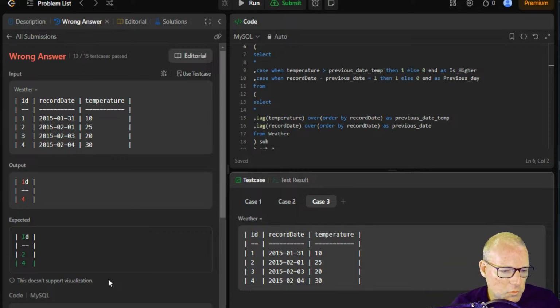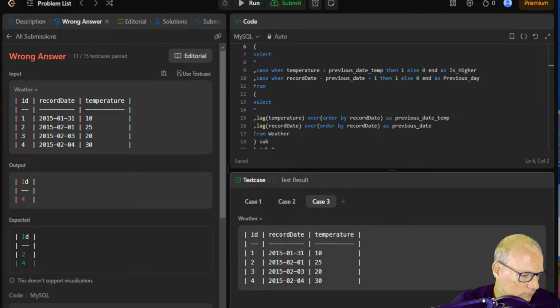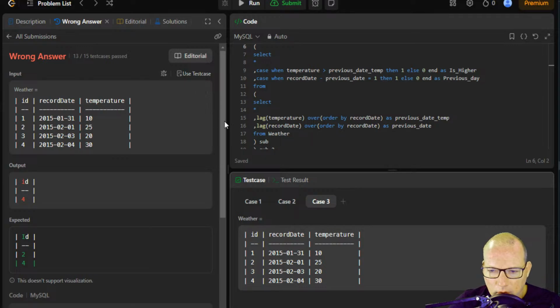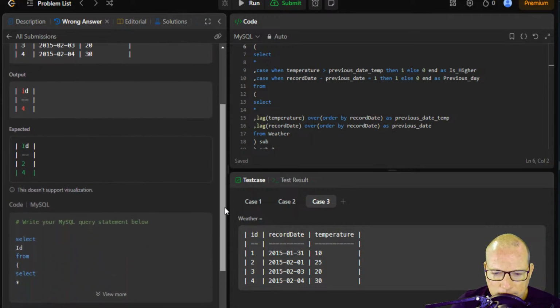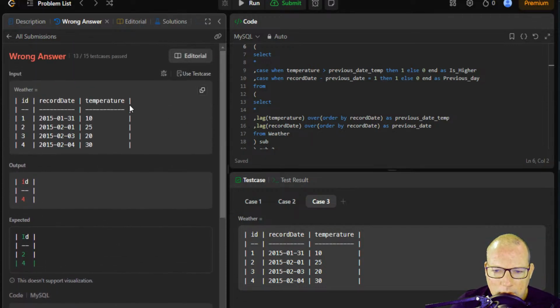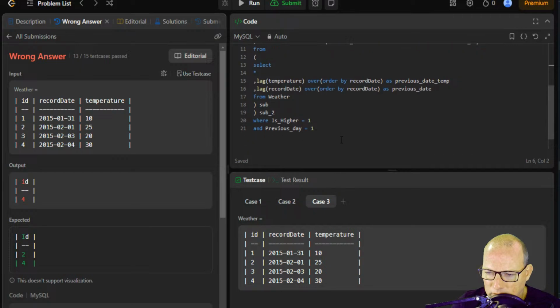Got my energy juice. All right, so why are we failing? ID 4, output ID 4, correct ID, output 2.